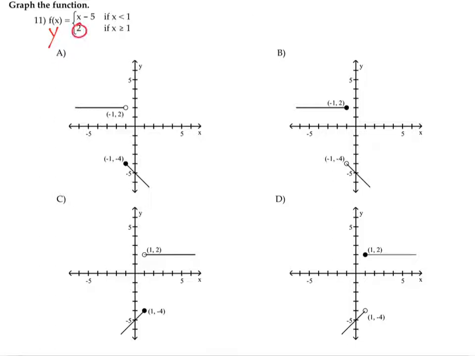Let's just do this guy down here. Remember, y values are heights, right? Y is at a height of 2 for all x values greater than or equal to 1.